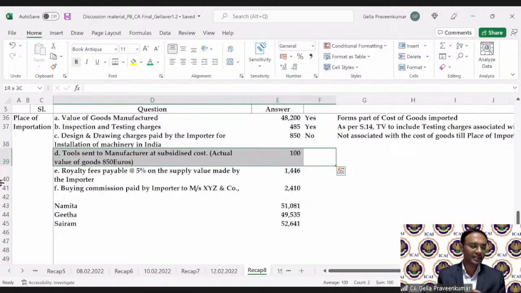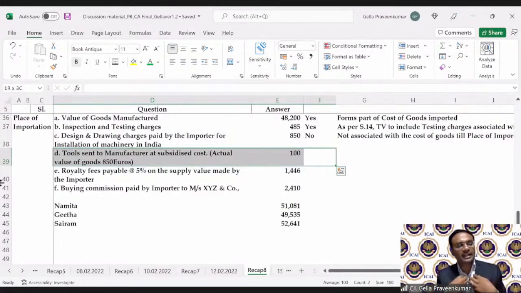Rule 10, cost and services, look at your clause B. The value apportioned as appropriate of the following goods and services, where supplied directly or indirectly by the buyer free of charge or at reduced cost for use in connection with the production and sale for export of imported goods. Right?